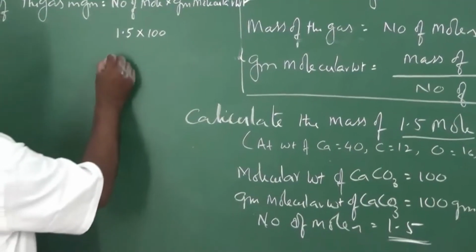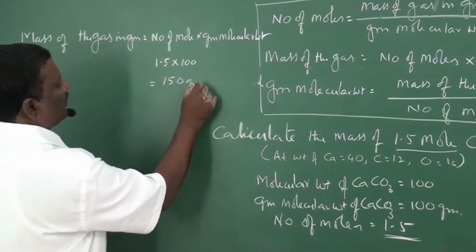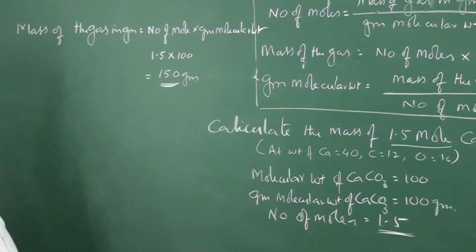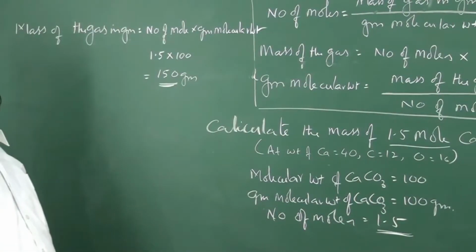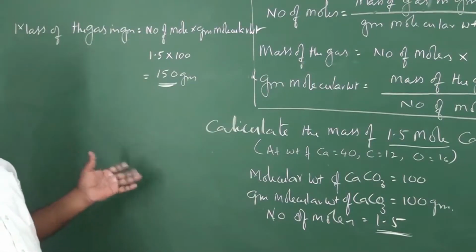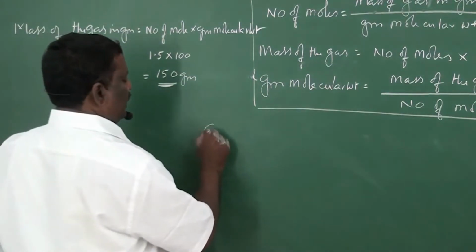Then the product is 150 grams. So 1.5 mole of CaCO3 weighs 150 grams. Understand?